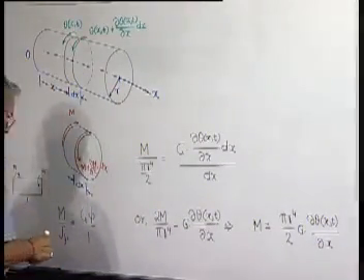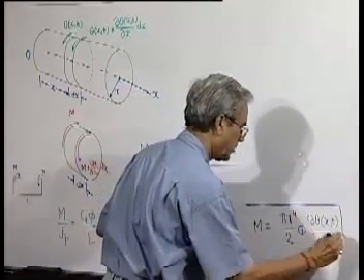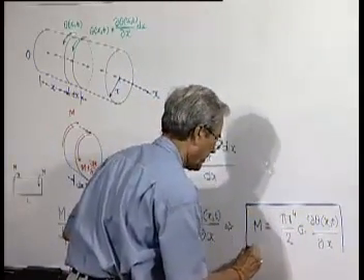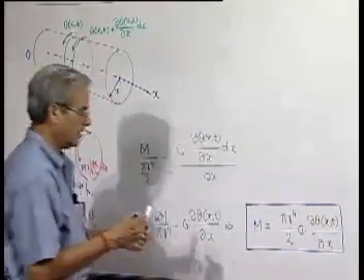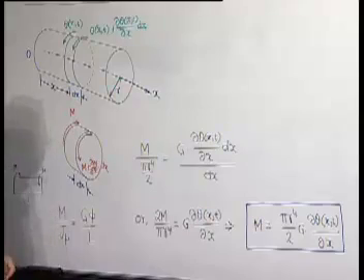So, this is the expression of the twisting moment in terms of the displacement, the material properties and the size of the shaft, that is r.